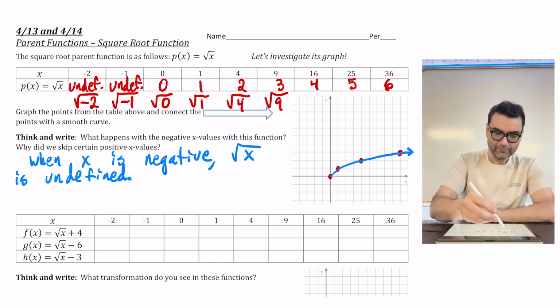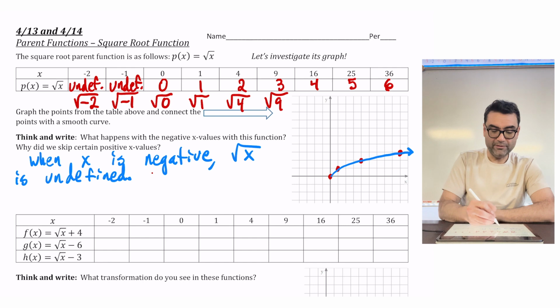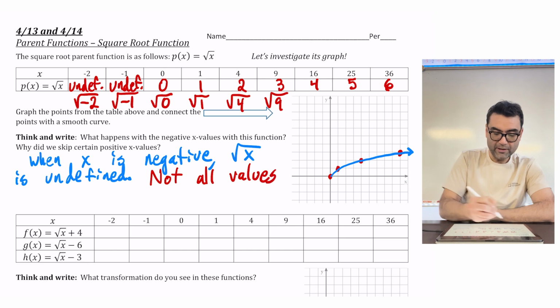But the main idea is we skipped certain positive x values just because we want integer function values. So not all values of square root of x are integer values.